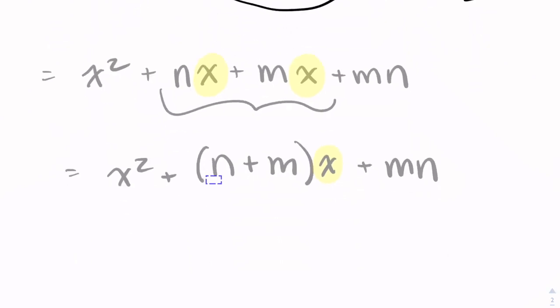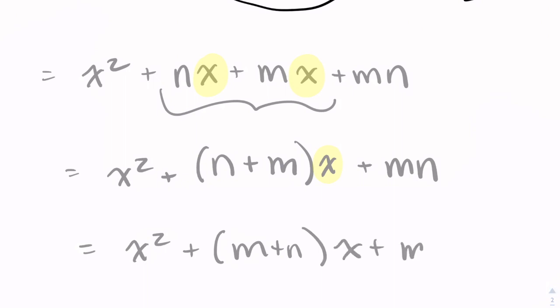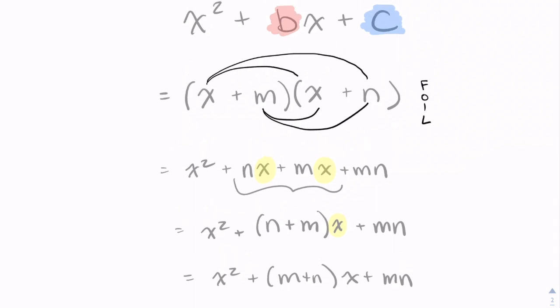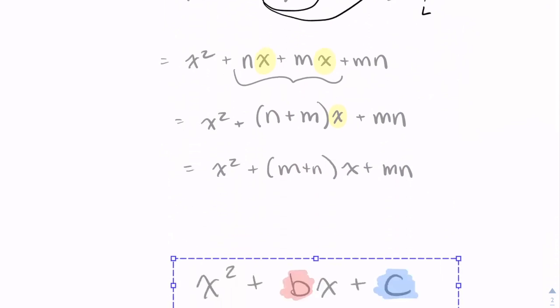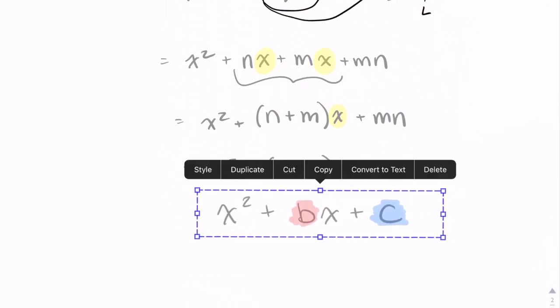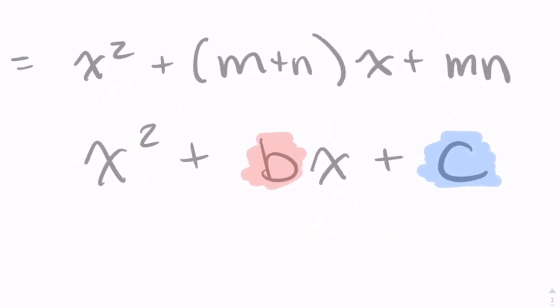Now again, I like to write these in alphabetical order, so I'm just going to switch them around. x squared plus m plus n, x plus mn. Now this has always stayed equal to our x squared plus bx plus c. So if I bring this down here again, you'll notice it's following that same pattern.